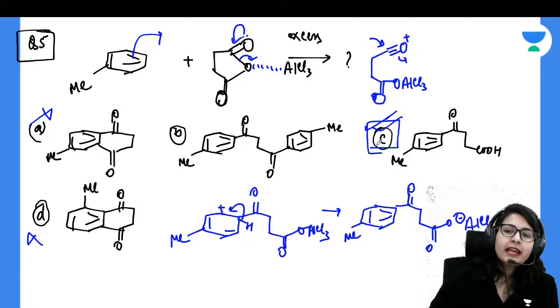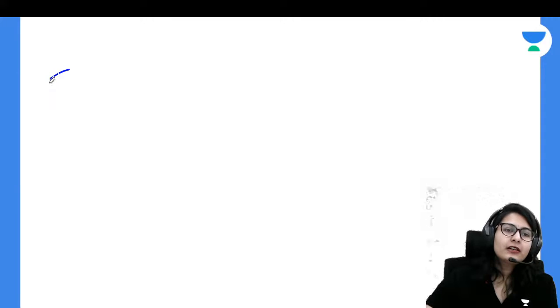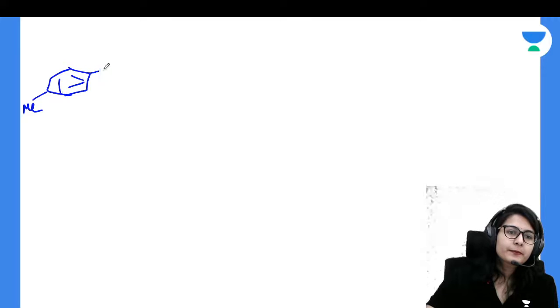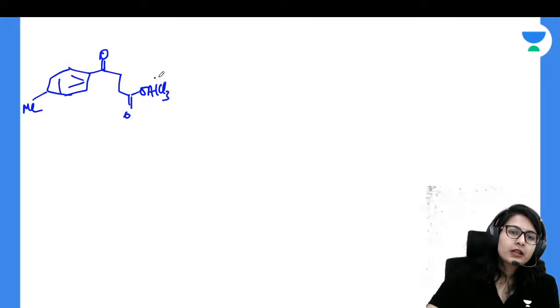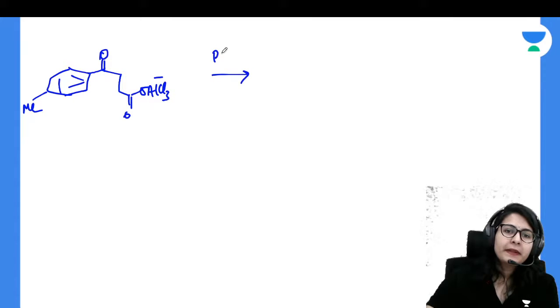However, if I add one more step into this mechanism, I have this methyl, and I am adding PPA, polyphosphoric acid. What is going to happen if I provide enough acid to protonate this oxygen so that it leaves?